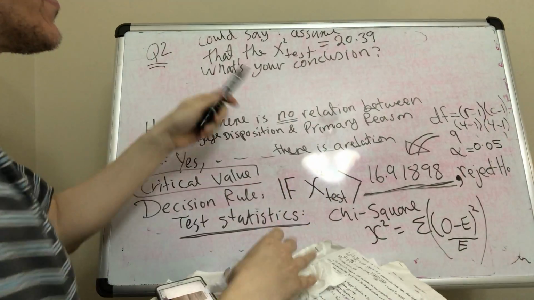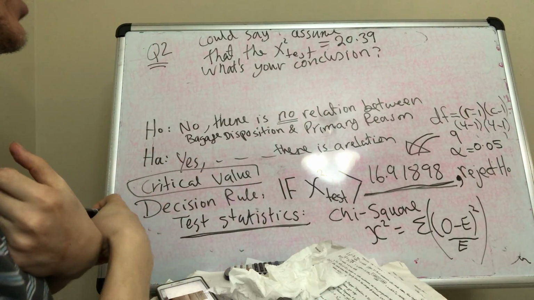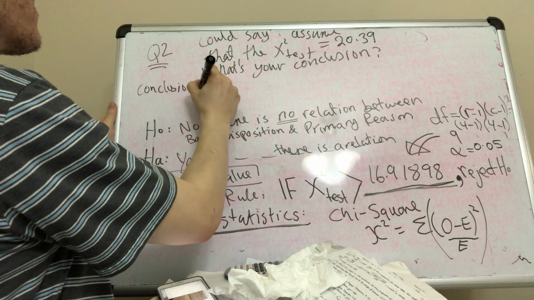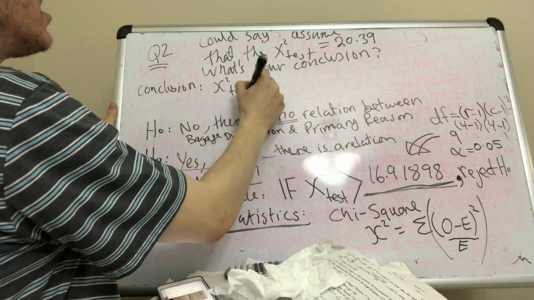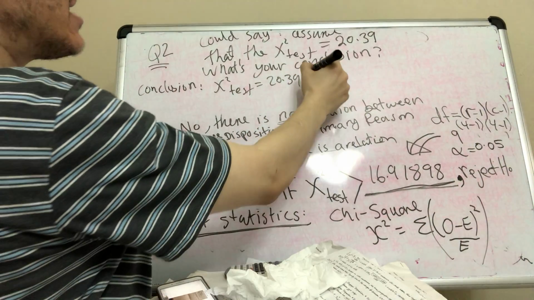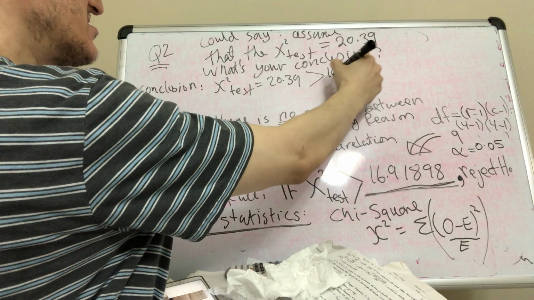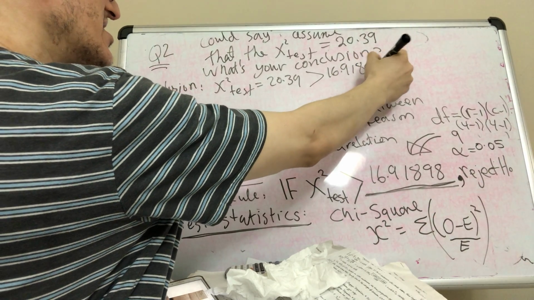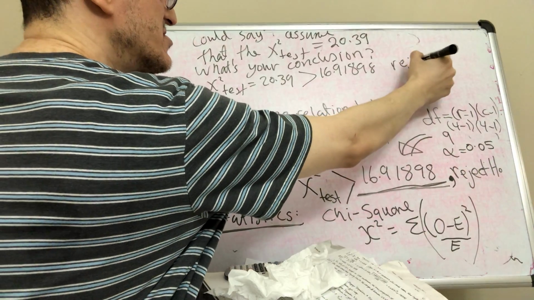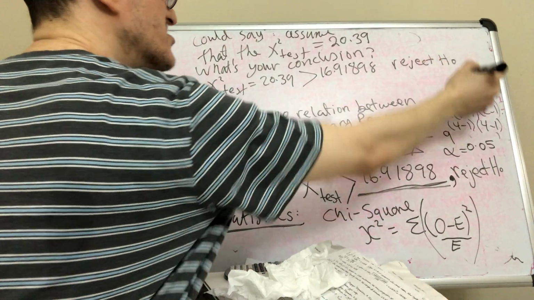So if you end up with this number, your conclusion would be: chi-test of 23.9, that's more than 16.91898. So the condition here is satisfied. We're going to reject H0.